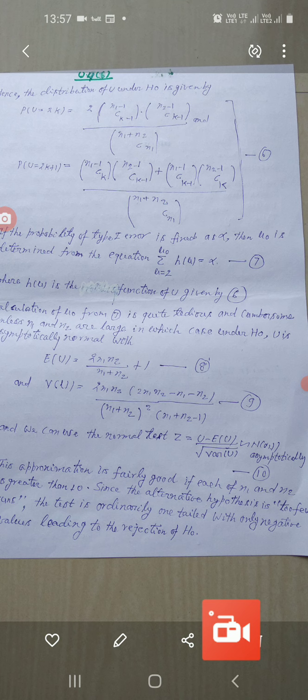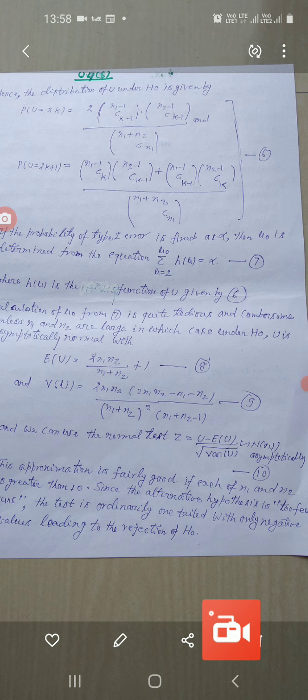Now the calculation of u0 from equation number 7 is quite tedious and cumbersome unless n1 and n2 are large, in which case under H naught u is asymptotically normal with expectation of u equal to 2 n1 n2 upon n1 plus n2, plus 1, and let it be equation number 8.